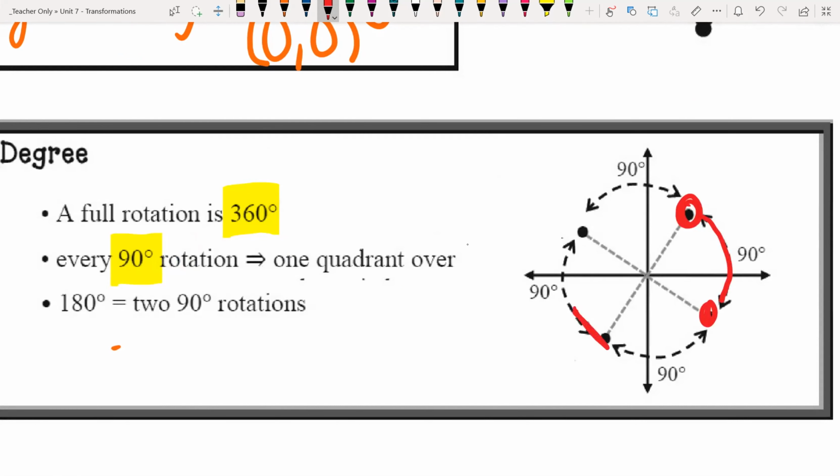Each time I move it to a new section of the graph, that's 90 degrees. Two rotations is 180. Three rotations is 270 degrees. You won't often see that because you could just go 90 degrees in the other direction, but you will see it every once in a while.